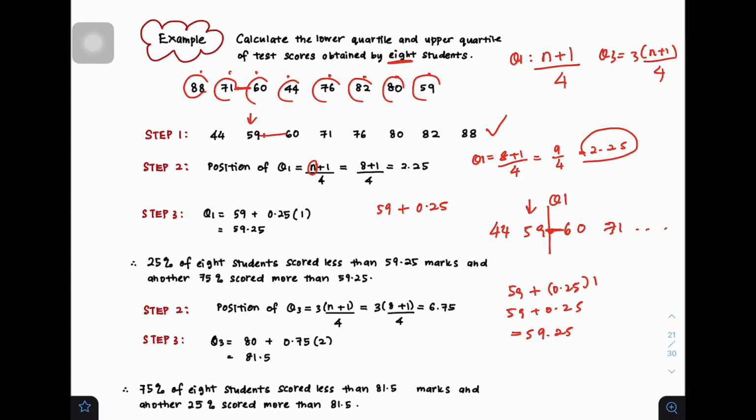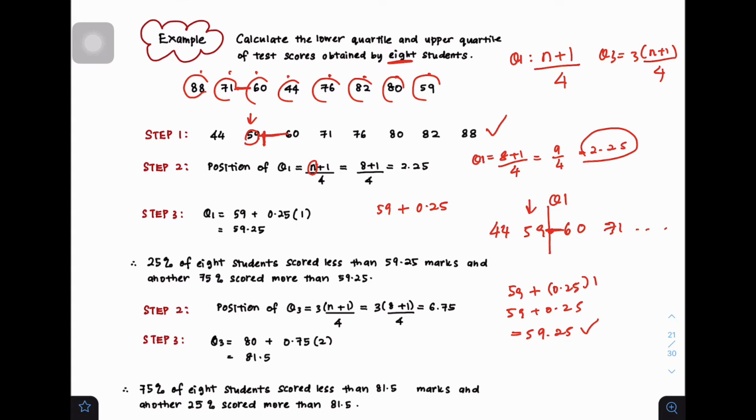So macam ni kita nak tahu data 2.25. Data 2.25 ni adalah data yang kedua ditambah dengan 0.25 jarak antara dua data ni. Kita kena kira jarak antara dua data ni, 1. So 0.25 daripada 1 adalah 0.25. So kita dapatlah value of Q1 adalah 59.25.